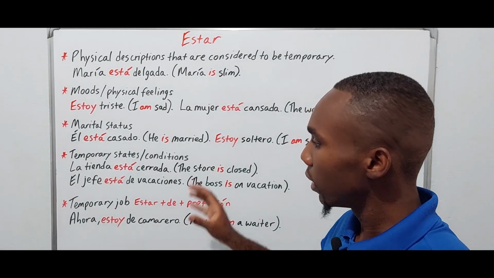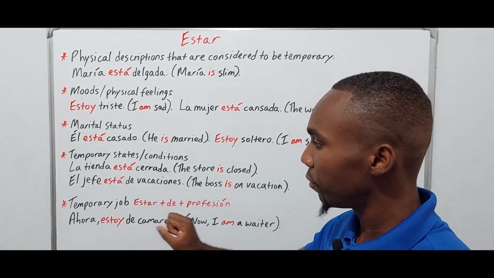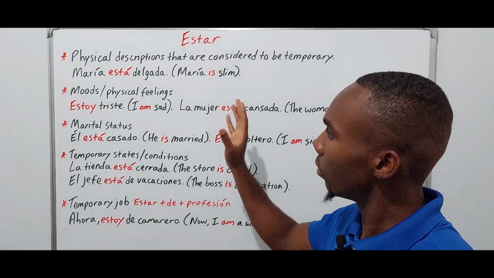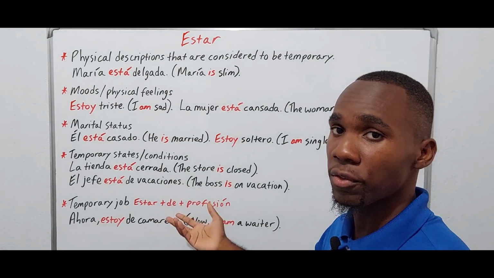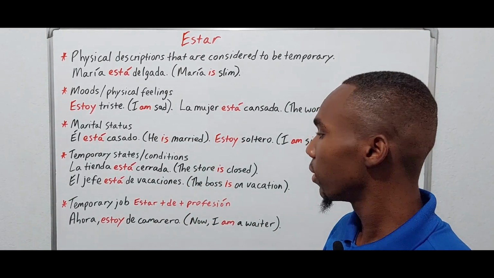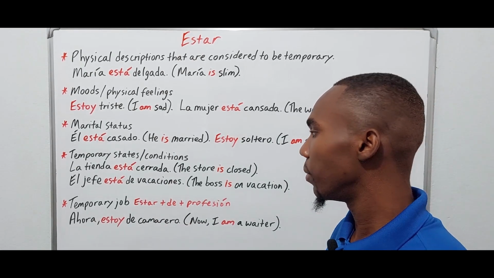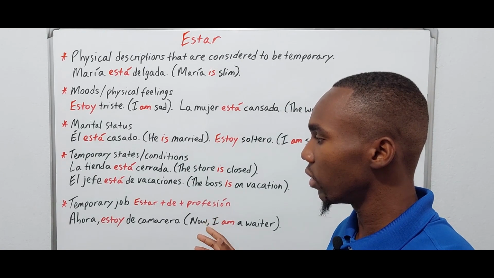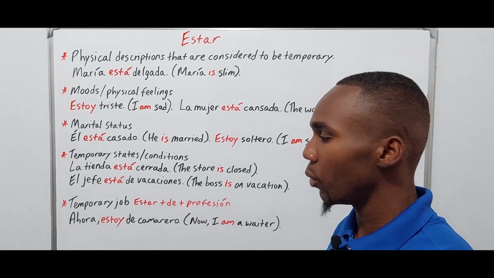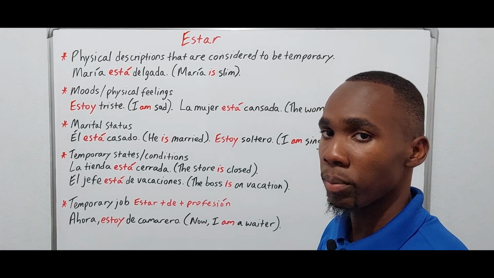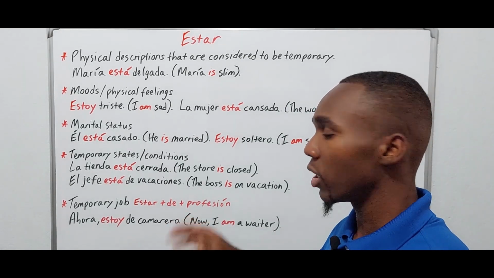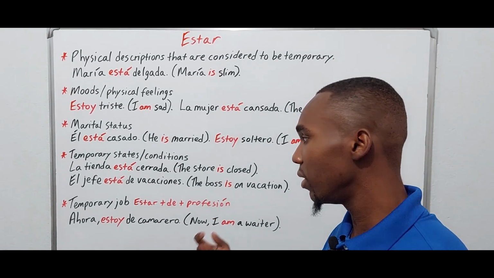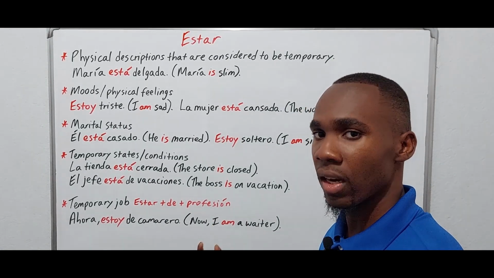All right? And finally, on this part, there's the fifth one, and there's more, of course. Temporary job. Right? So this is another point that we can use to compare it with ser, because normally when we give our profession we use ser, but if we are talking about a temporary position we use estar.